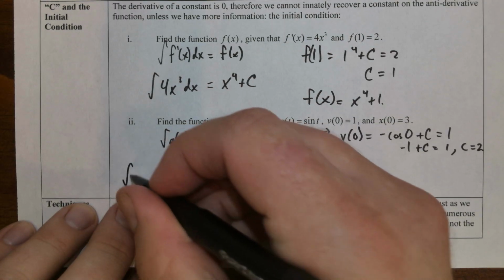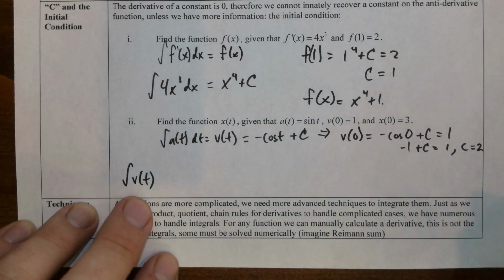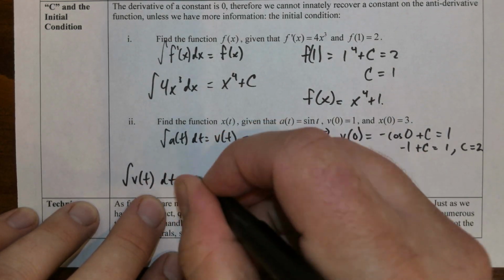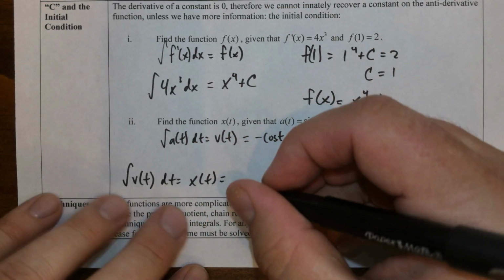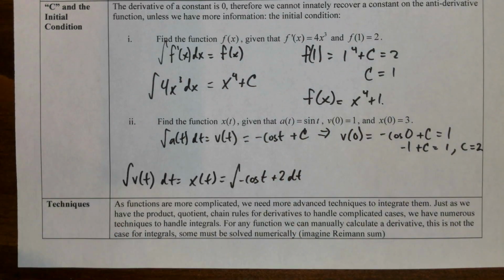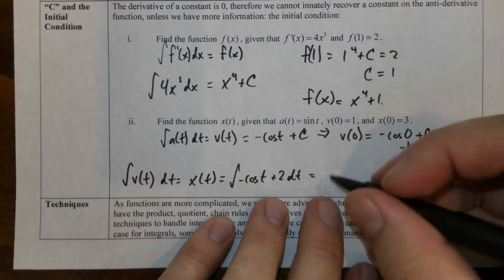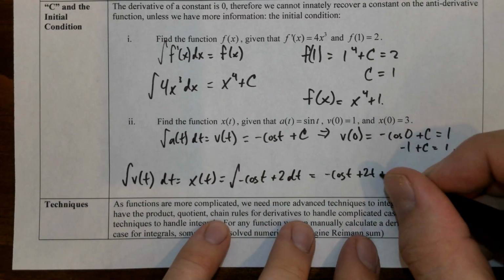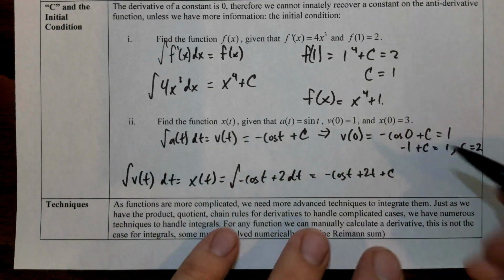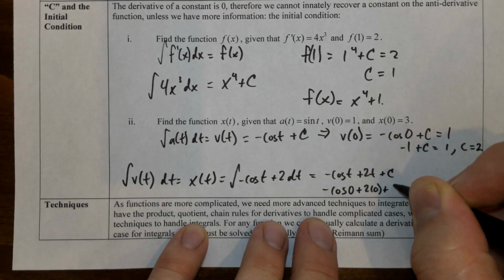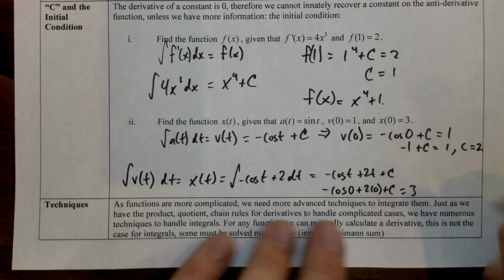So now that I know that v of t is negative cos t plus 2, I'll integrate that to get my position. Plus c. And repeat again. I'm going to plug in 0. This should make 3.